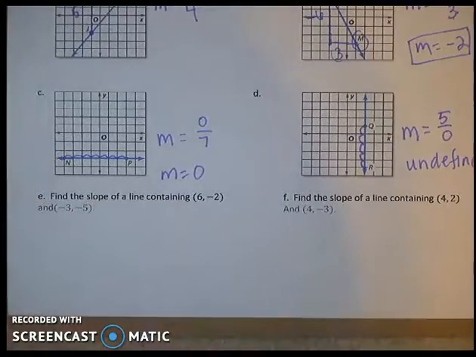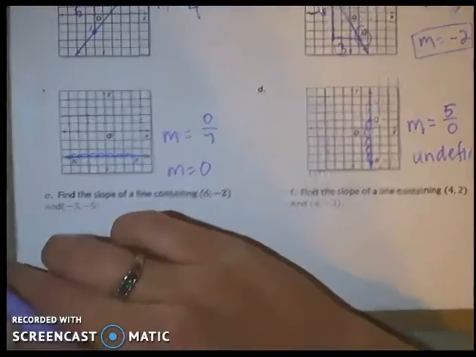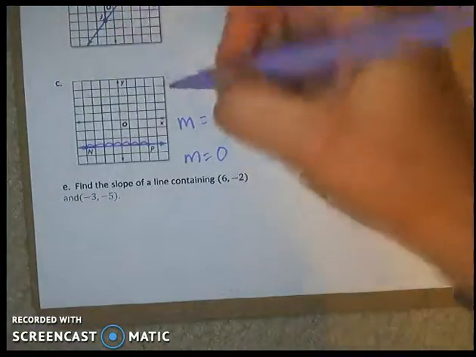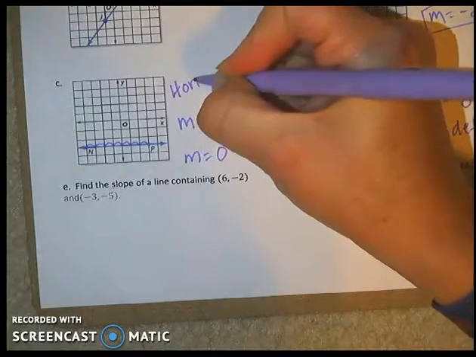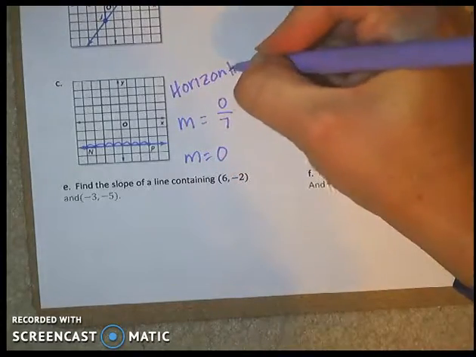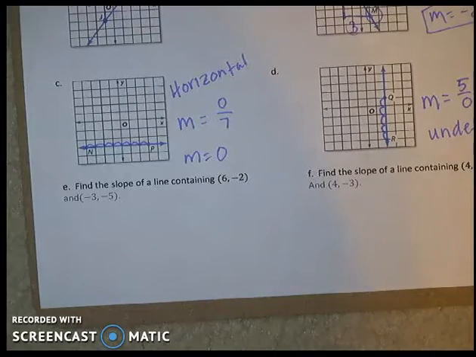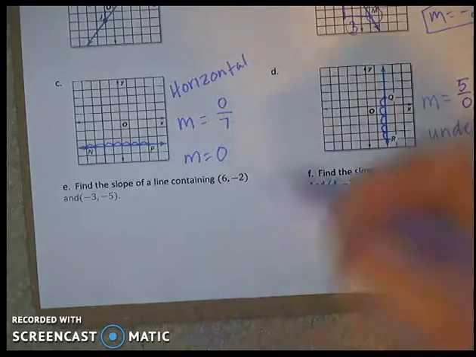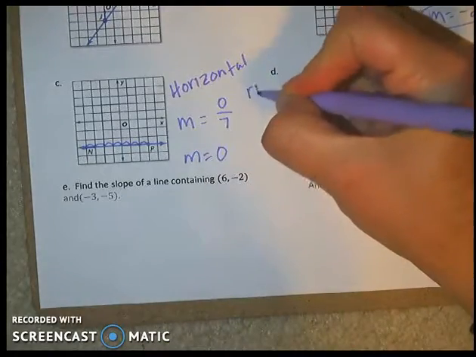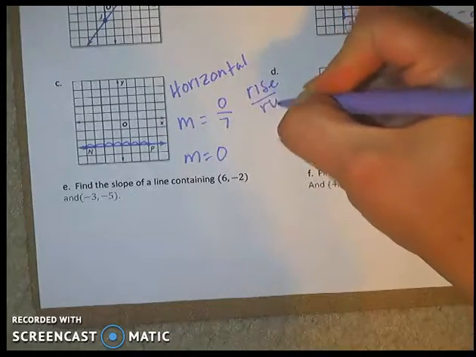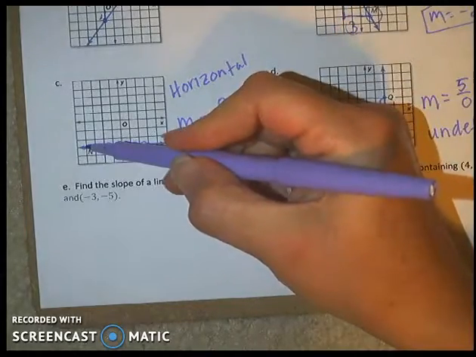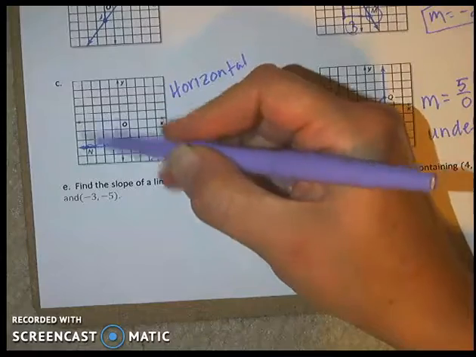In part C, you'll notice that this is a horizontal line. And if you notice in that horizontal line, remember slope is rise over run. If I go from point N to point P, I don't rise at all.